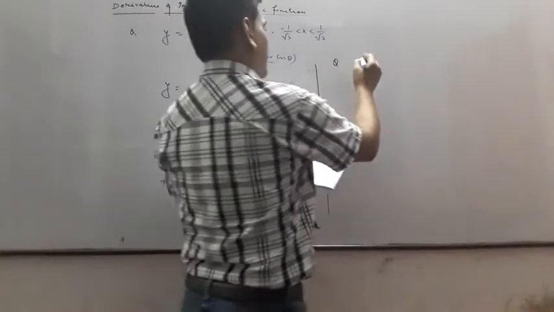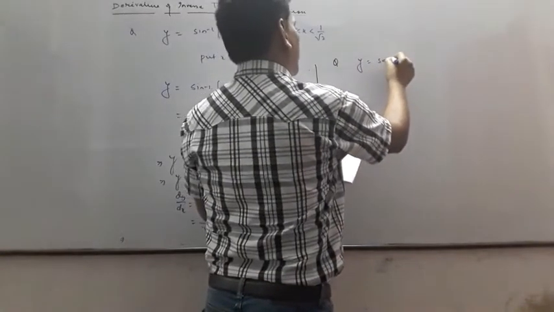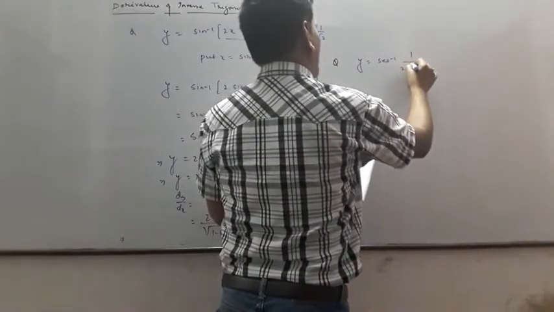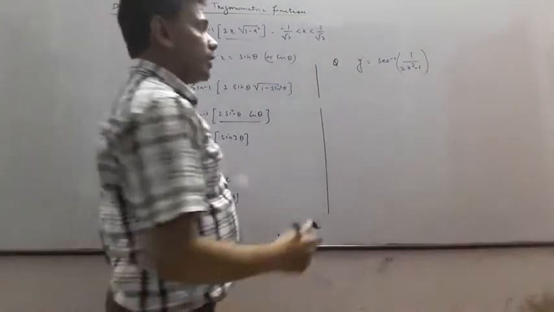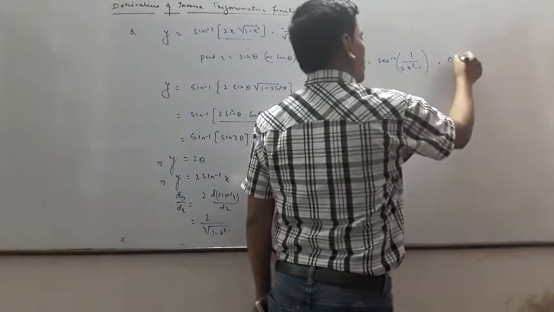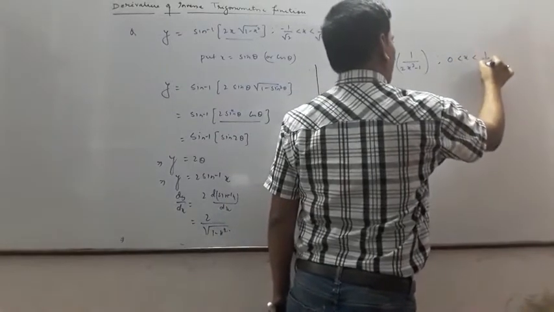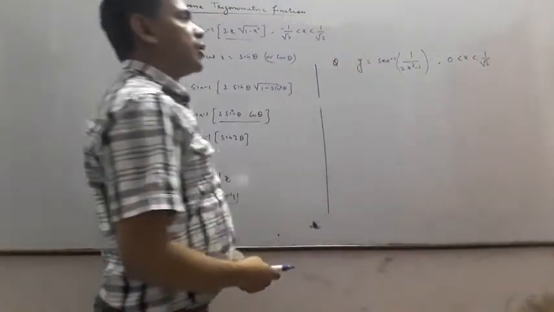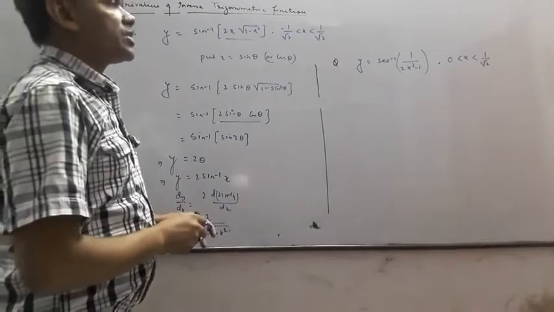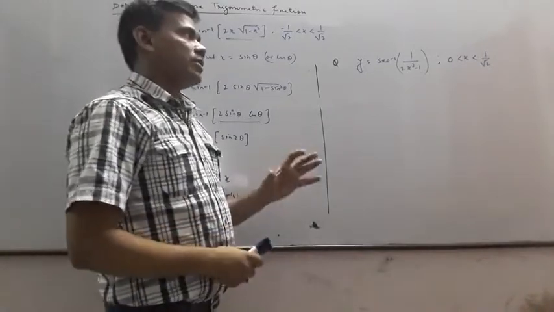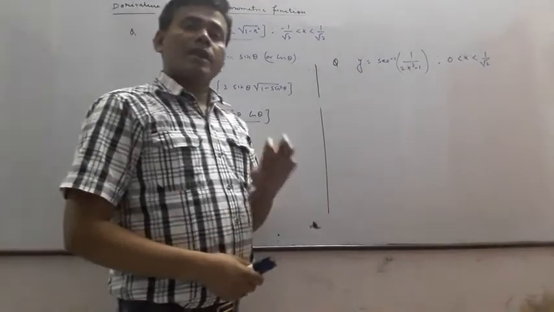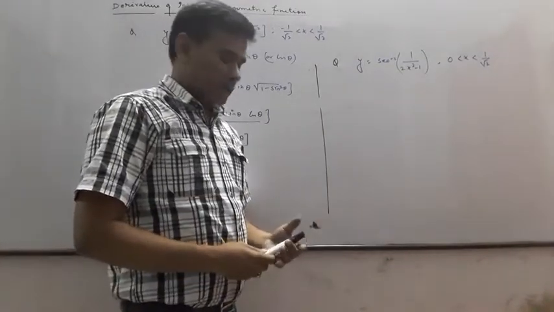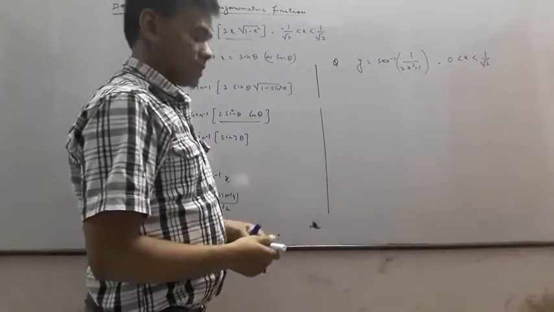Question is here: y equals sec inverse of 1 by 2x square minus 1. The restriction is 0 less than x less than 1 by root 2. That restriction is given to help you decide what to let for x, which trigonometric ratio is suitable and will not exceed the restriction.